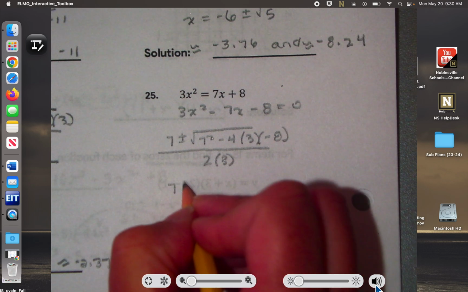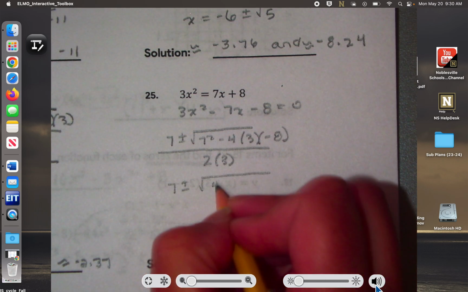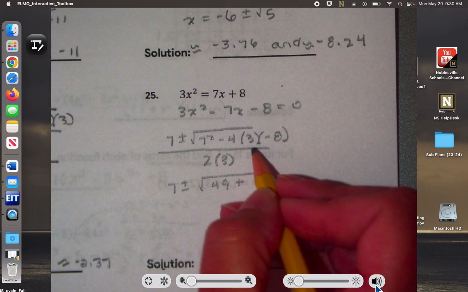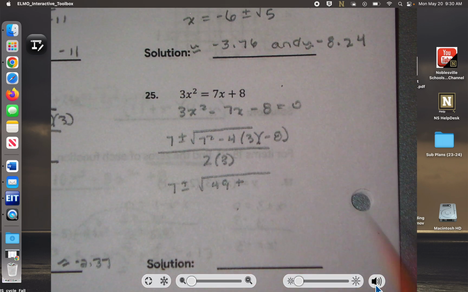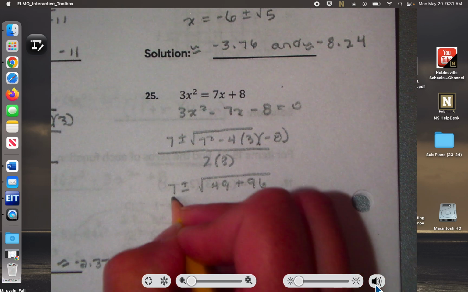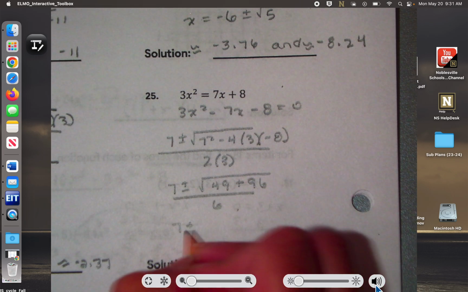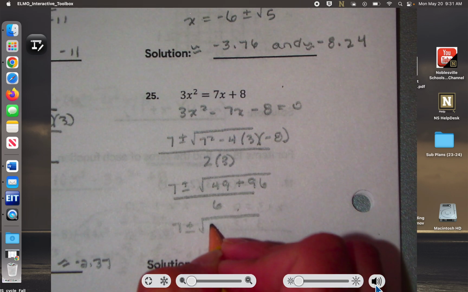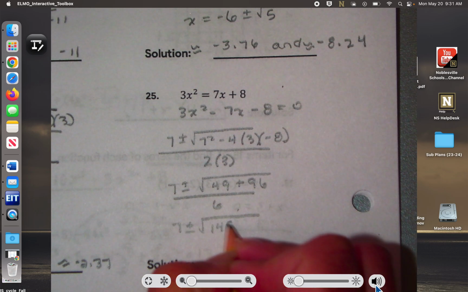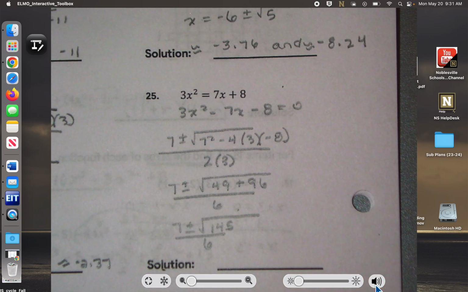So I'm going to have 7 plus or minus the square root of 49 plus 96, all divided by 6. So then I get 7 plus or minus the square root of 145, divided by 6.